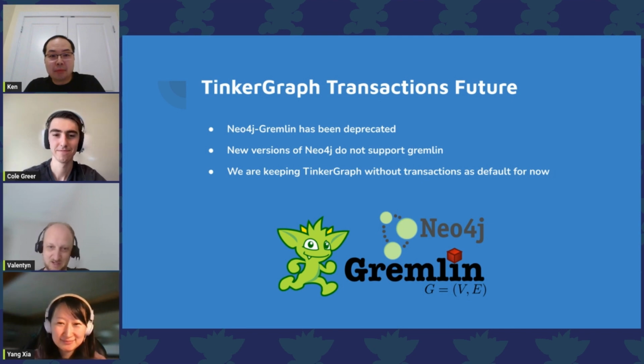So Tinker transaction graph can be configured manually if you need transactions. For future releases, we are planning performance improvements. We are planning to collect feedback, and find and fix possible bugs. And for the more distant future, probably Tinker transaction graph can be used by default. But for now, we will keep Tinker graph.